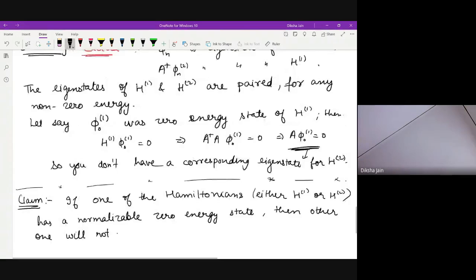I already said that the zero energy states are not paired. Now I am making a stronger claim, which says that if one of them has a zero energy state, the other one will not have a zero energy state.